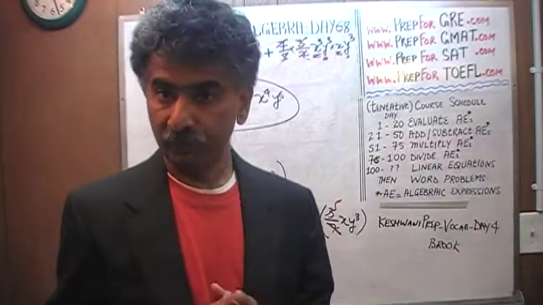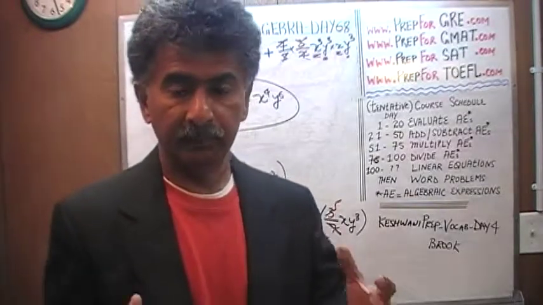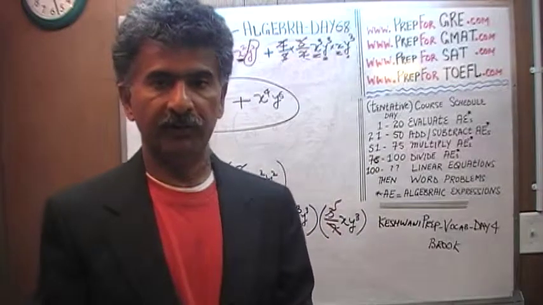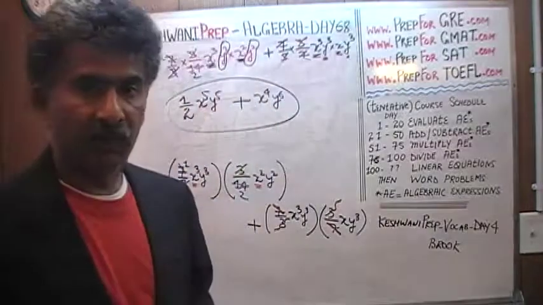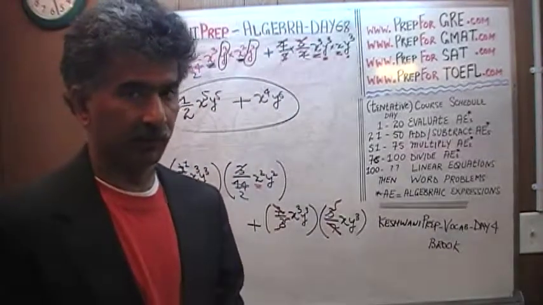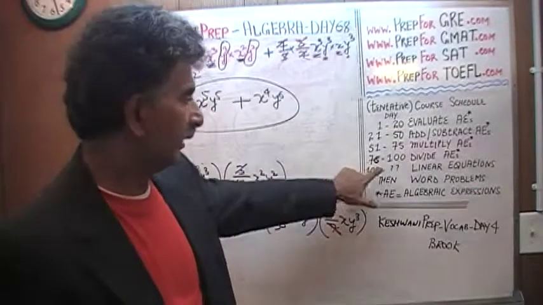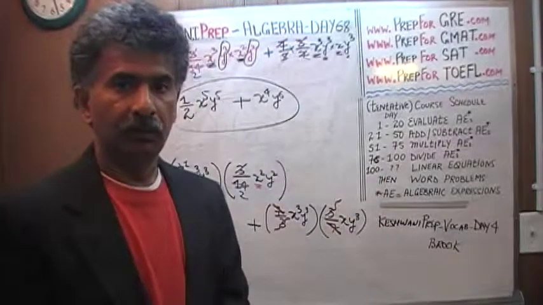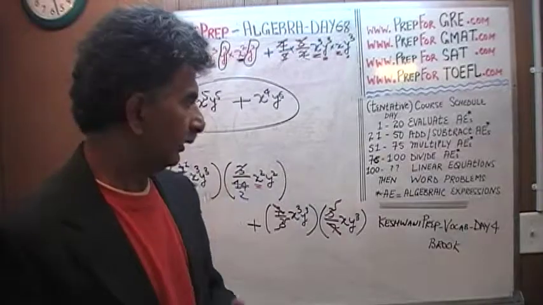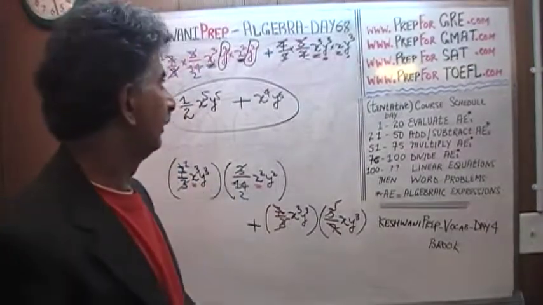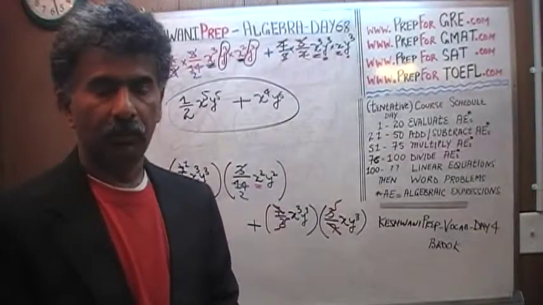We will not learn how to solve the quadratic equation at that point, but at least we'll develop quadratic equations on day number 71 through 75. That will be the end of the topic of how to multiply algebraic expressions. And over the next 25 days, 76 through 100, we'll learn how to divide algebraic expressions and so on. And then we go on to linear equations and then word problems. All right? I will see you tomorrow on day number 69.